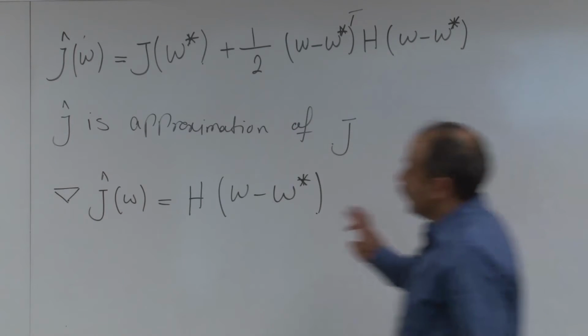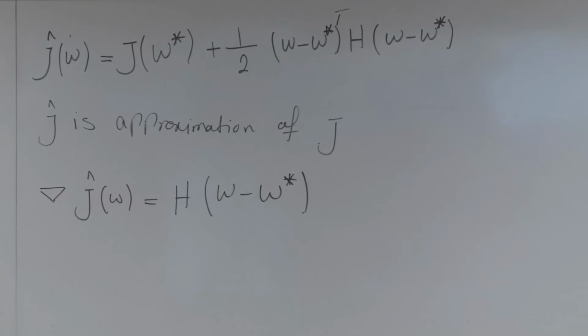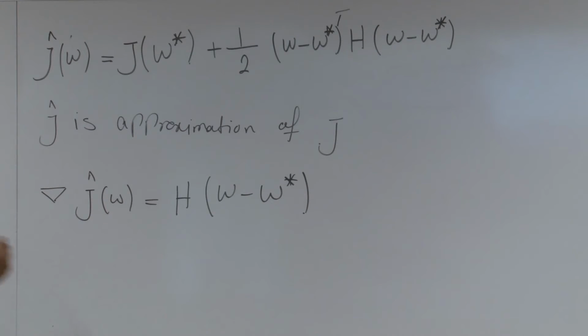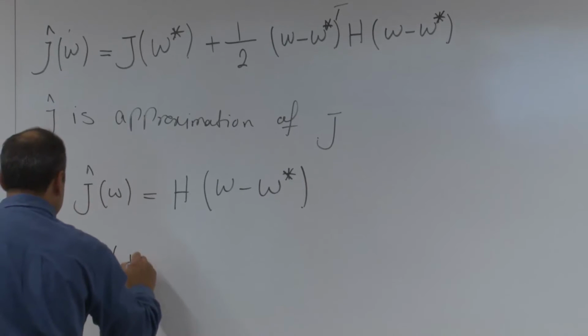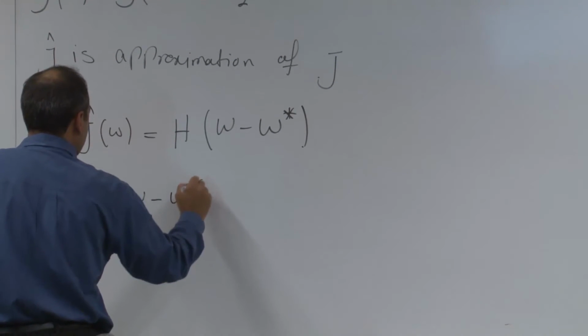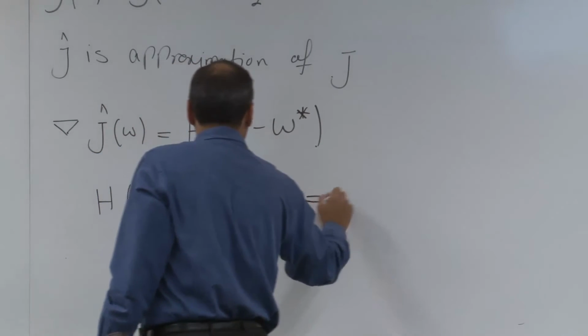Okay, so that's my derivative. Now I have to basically substitute this here. So I'm going to use this derivative here. I need to set this derivative equal to 0, in weight decay. So it means that I need to set H times (W minus W star) plus alpha W to 0.